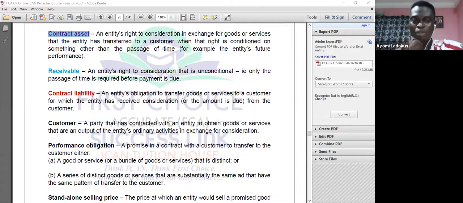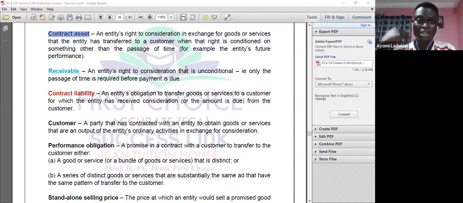Now, you are the company, and you are selling phones, or let's say generating sets. I come to your business premises and say I want to buy a generating set. You have now transferred that generating set to me.